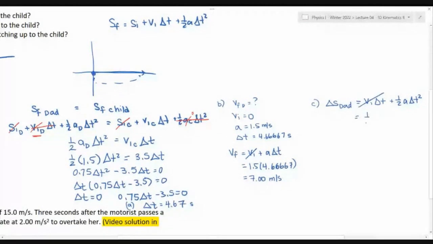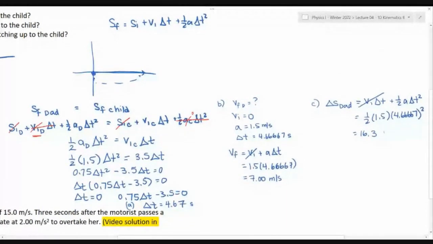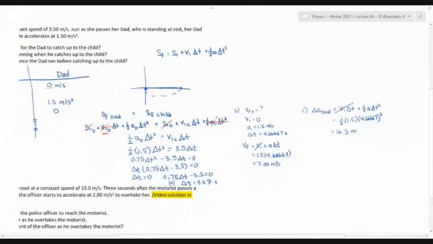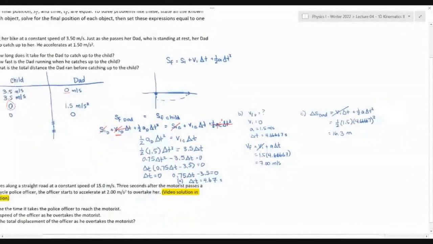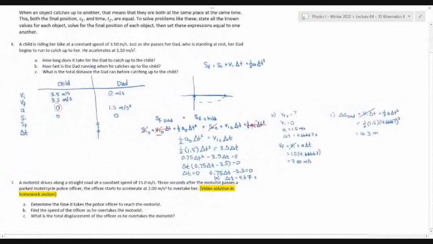So we have 1/2, the A was 1.5, and the delta t was 4.66667 squared. And I'm getting about 16.3 meters. Let me just zoom out a bit so you can see the whole thing.